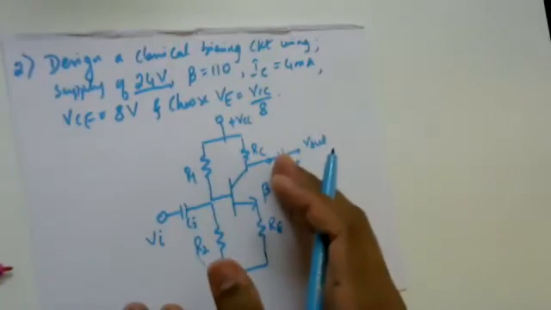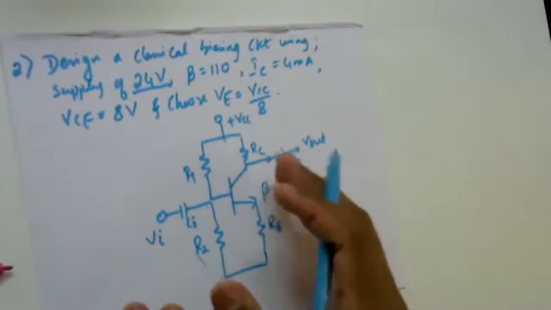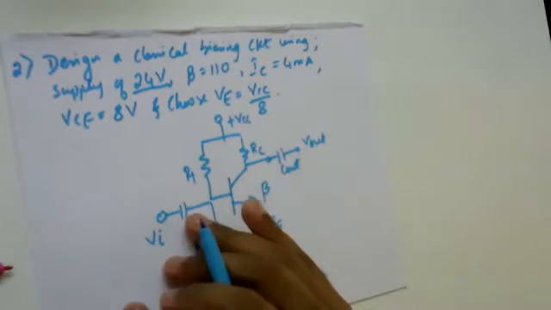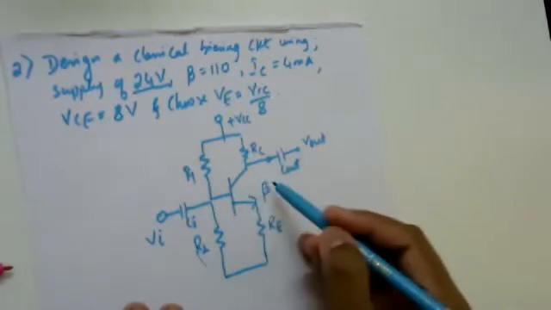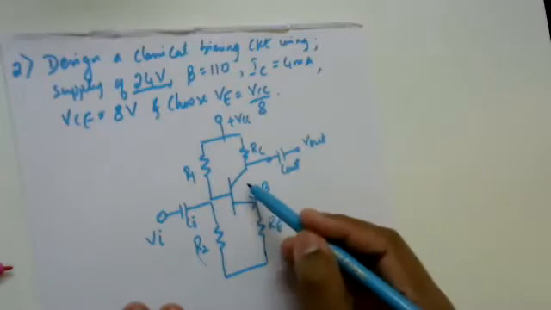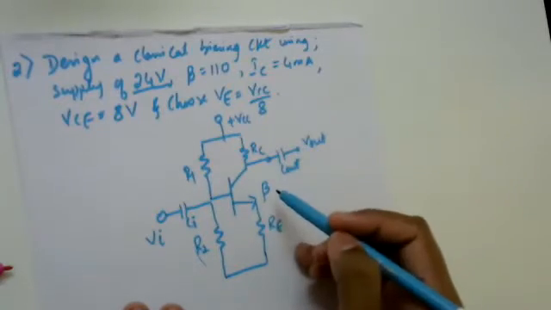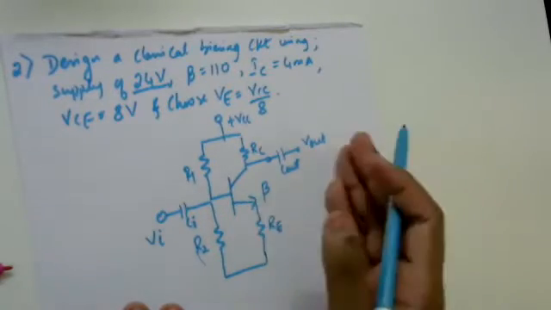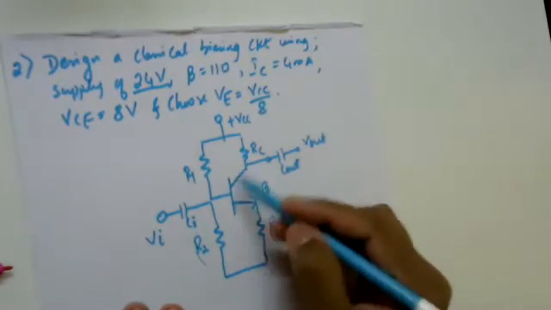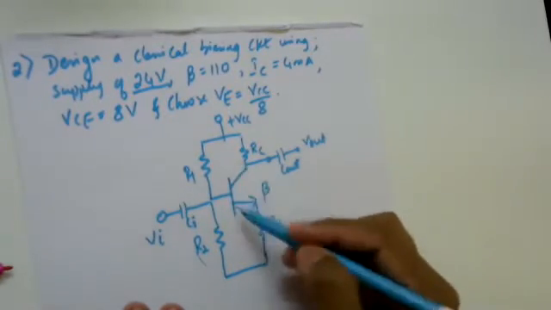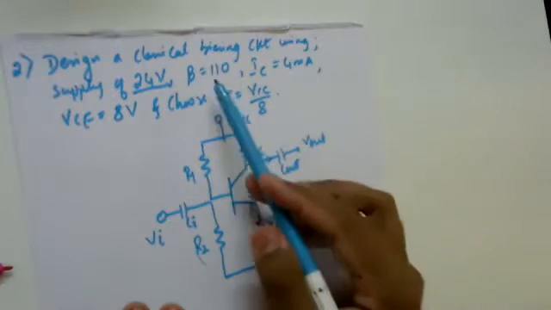This is the status of the transistor, because beta is different from one transistor to another transistor. Whatever transistor I am using in my circuit, this transistor has a beta value of 110.